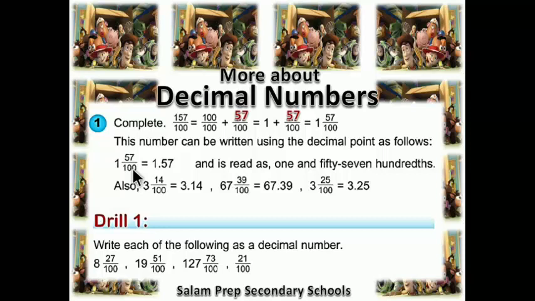Okay, so in the decimal part we will write 57, and it is read as 1 and 57 hundredths.